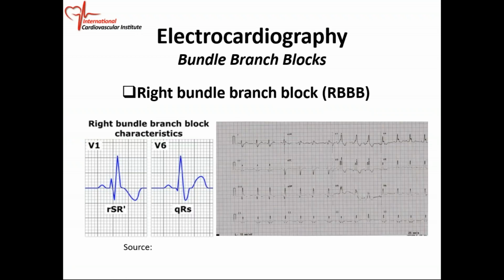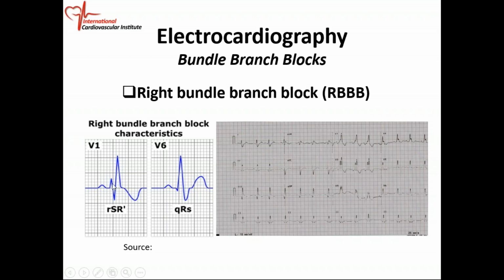And this is what it looks like. So when you look in V1, we talk about rabbit ears. So in V1, you're going to get an R prime. The first R we call an R. If you get a second R, it's an R prime. And the first R is usually smaller than the second R in height.